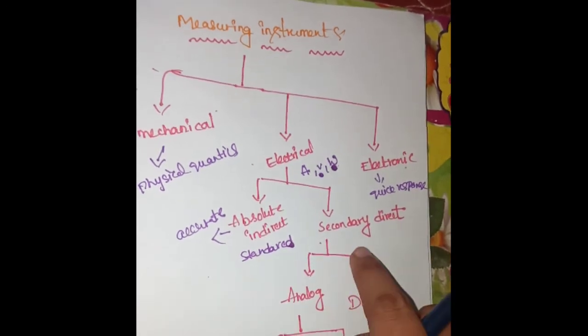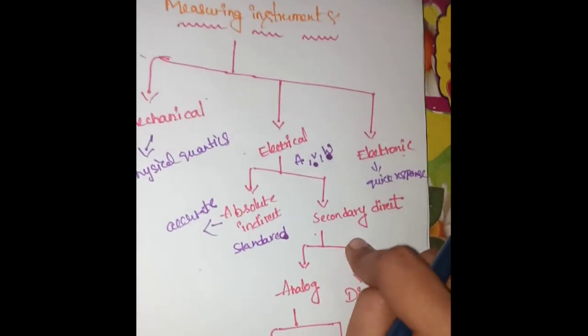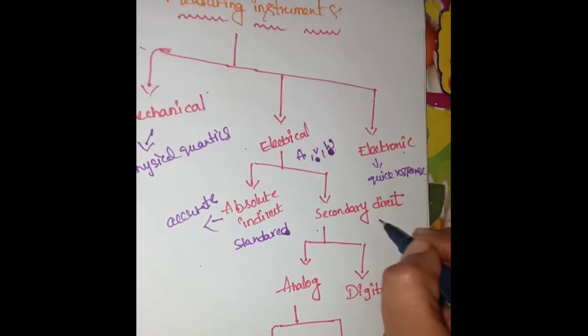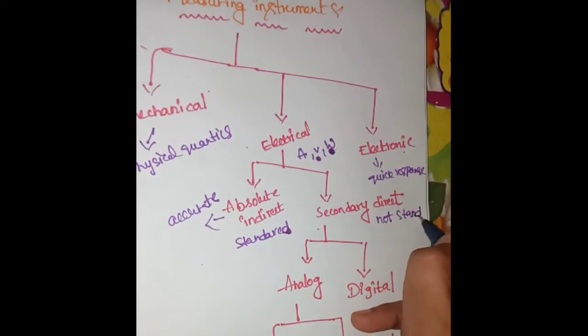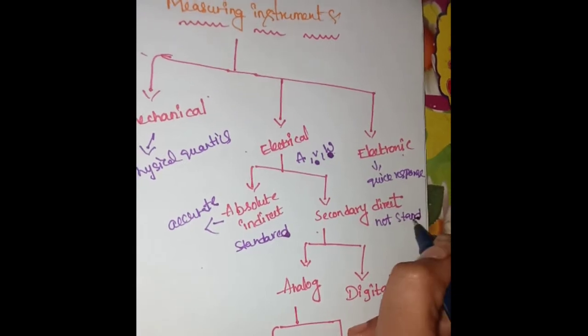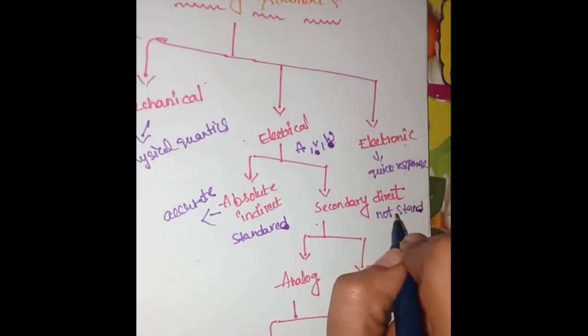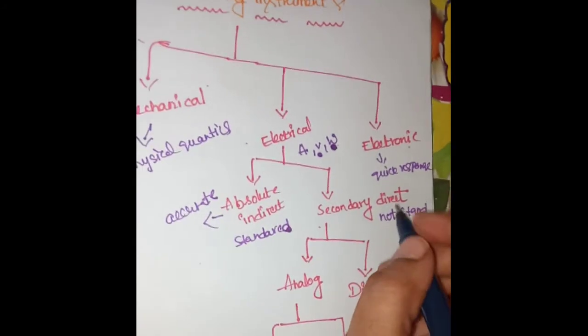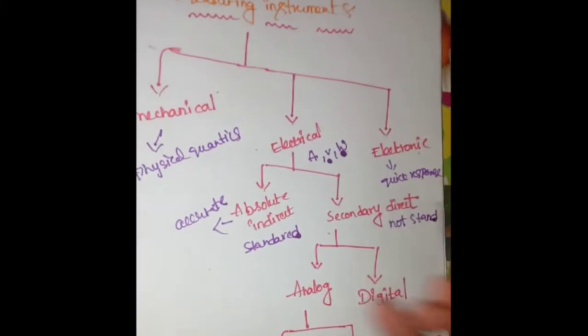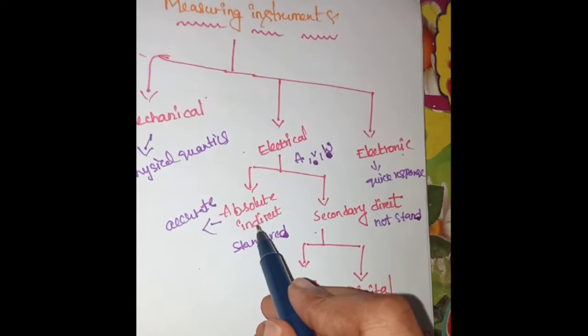But secondary direct is not a standard because it provides less accurate values, so it is mainly used in place of absolute instruments.